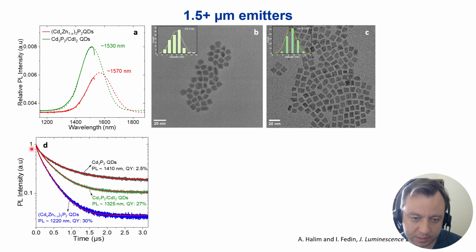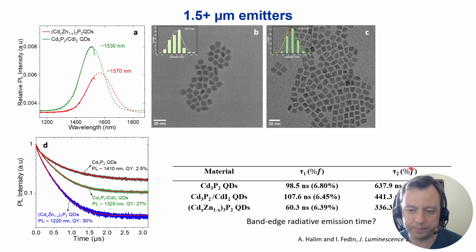Here we see particularly slow emission of cadmium phosphide, and then we see that cadmium zinc phosphide depopulates its photoluminescence by more than an order of magnitude in the first emission lifetime. We were able to get a lifetime of about 60 nanoseconds for cadmium zinc phosphide, which is likely the band edge radiative recombination time in these quantum dots.